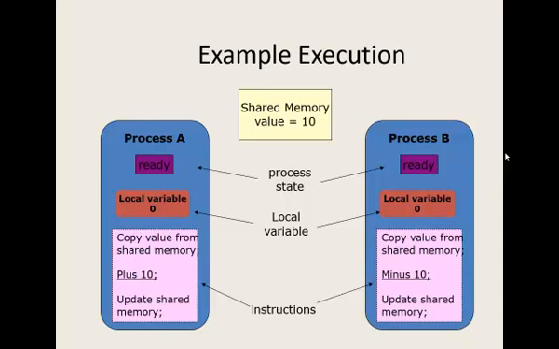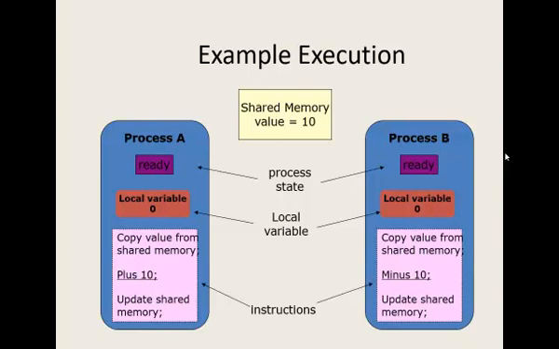Here you can see the two processes illustrated. Process A will copy the value of the shared variable, add 10 to it, and update the value of the shared variable. Process B will read the value of the shared variable, reduce 10 from it, and update it.